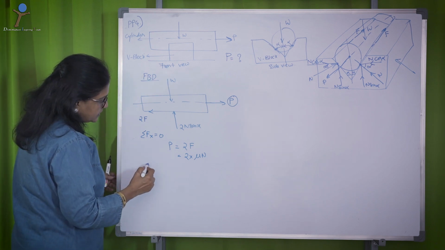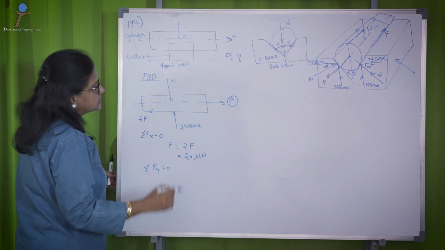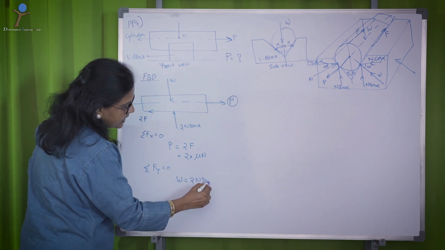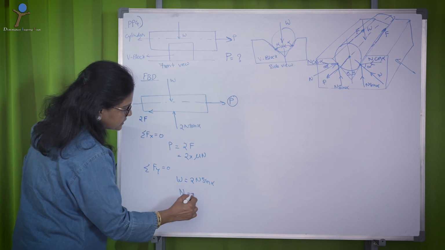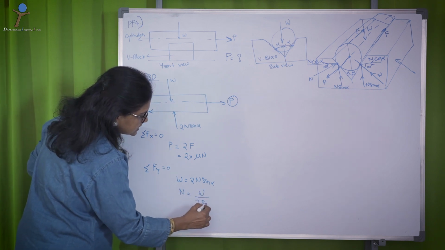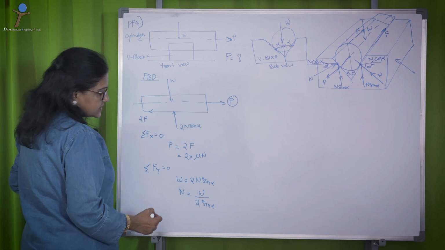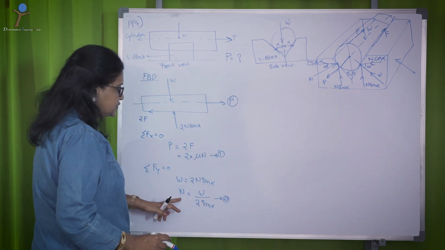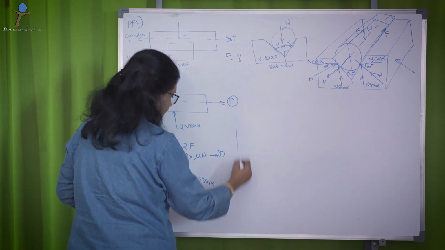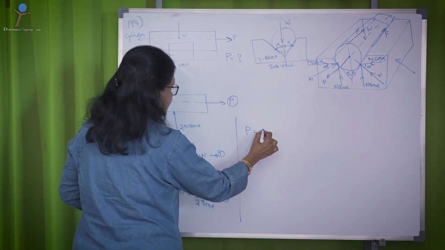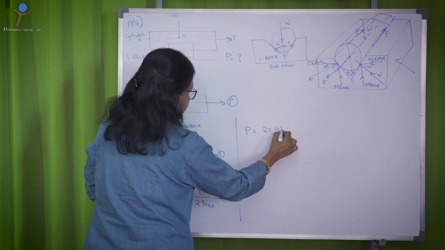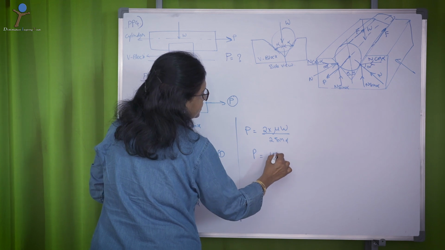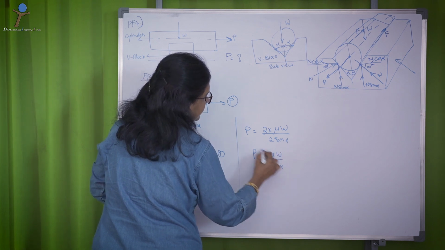Now, sigma Fy equal to 0 gives us W equal to 2N sin alpha, or N equal to W by 2 sin alpha. Let us call these equation 1 and equation 2. Substitute N in equation 1, that gives us P is equal to 2 into mu into W by 2 sin alpha, where P is given as mu W by sin alpha.